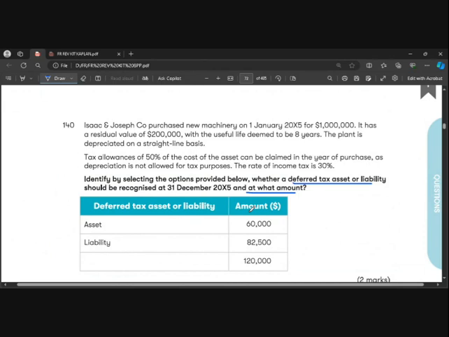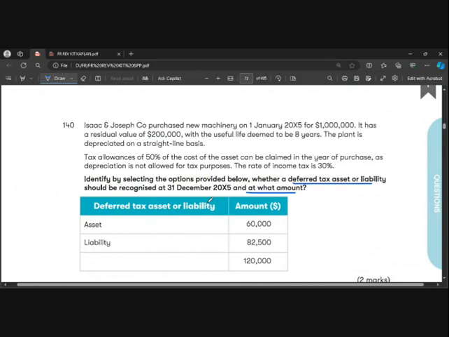Okay, first identify whether it's a deferred tax asset or liability. Asset. How did you find it's an asset? If you want to find whether it's a deferred tax asset or liability, you need to find the carrying amount and the tax base, right?